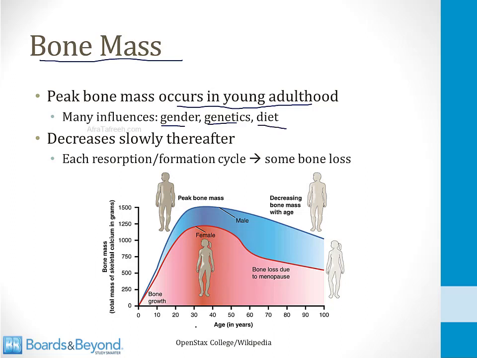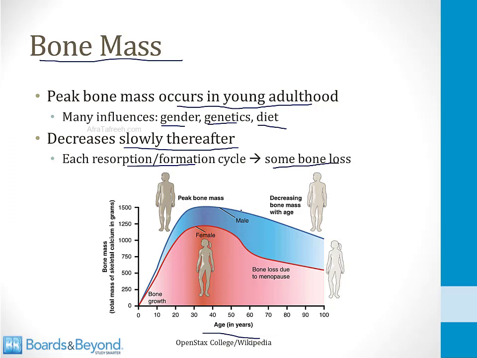If you look at this picture at the bottom of the screen, this shows age in years along the x-axis and bone mass along the y-axis. You can see that it rises and peaks in early adulthood at about 20 to 40 years of age. It then decreases slowly thereafter. Each resorption formation cycle of the bone leads to some bone loss. Now, if you look at this graph on the screen, two important things are shown.